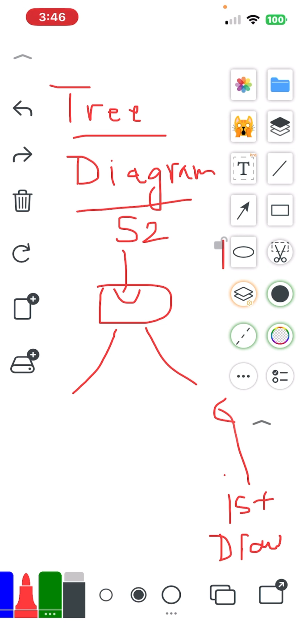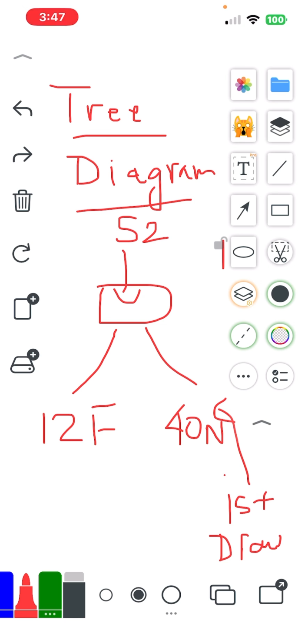For your first draw, assuming these are 52 cards all in all, you will have 12 with faces and 40 without faces. So I'll put an N over here, which basically says it does not have a face.